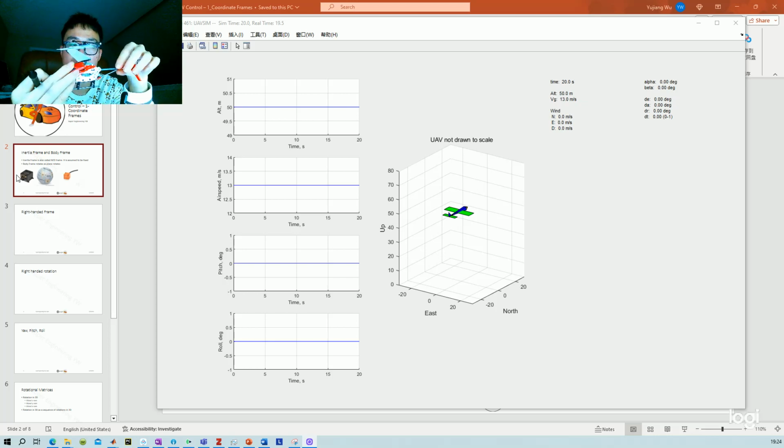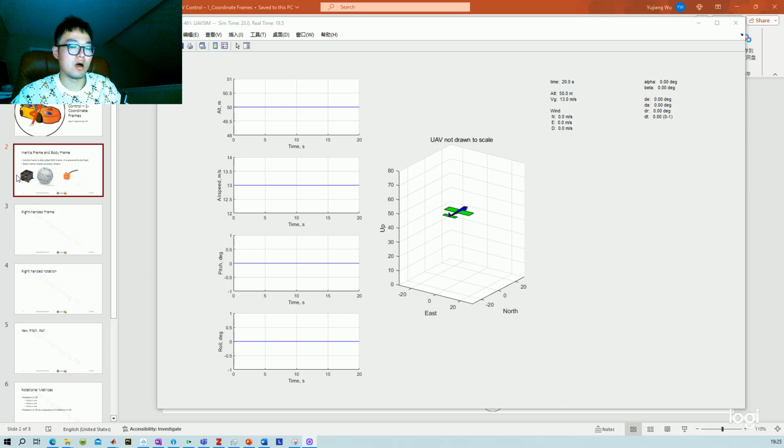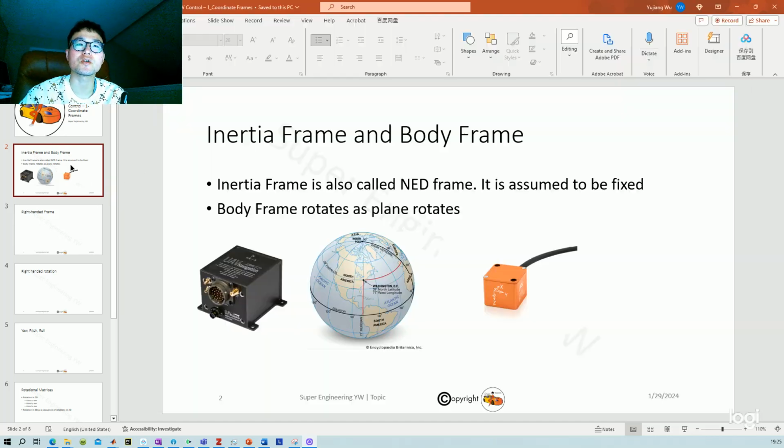In order to learn how to control the altitude of this flight, we have to learn some basics. The first basics we need to learn is the coordinate frames, and the two most important frames are the inertia frame and the body frame.